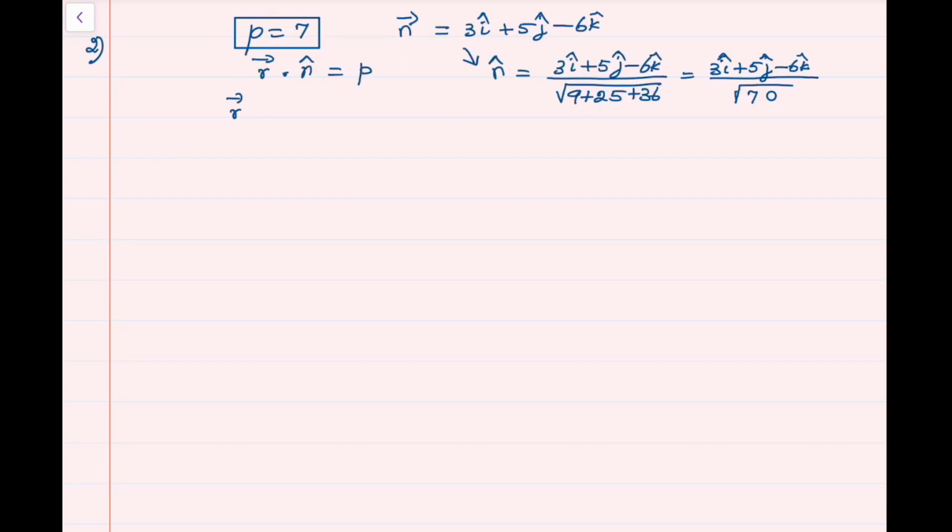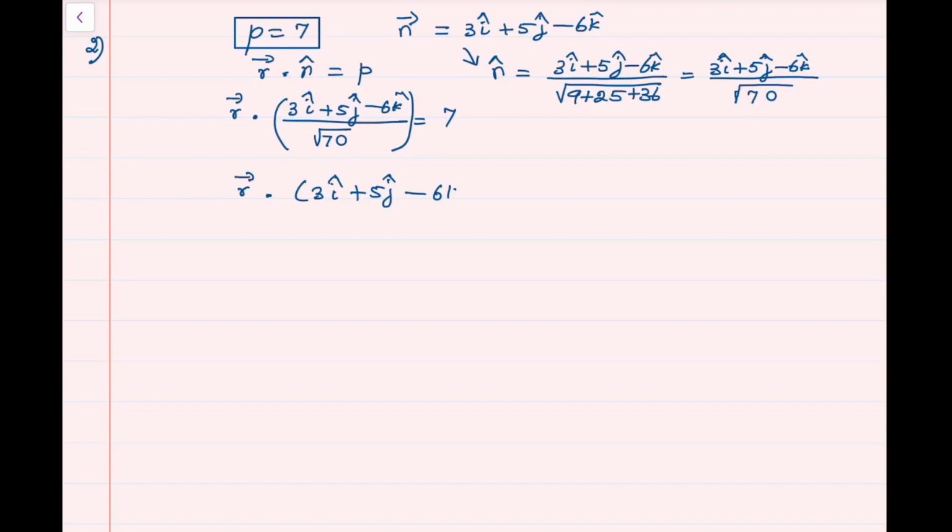We get vector r dot 3i plus 5j minus 6k divided by root 70 is equal to 7. Or we may take root 70 to the other side and write it as vector r dot 3i plus 5j minus 6k is equal to 7 times root 70.